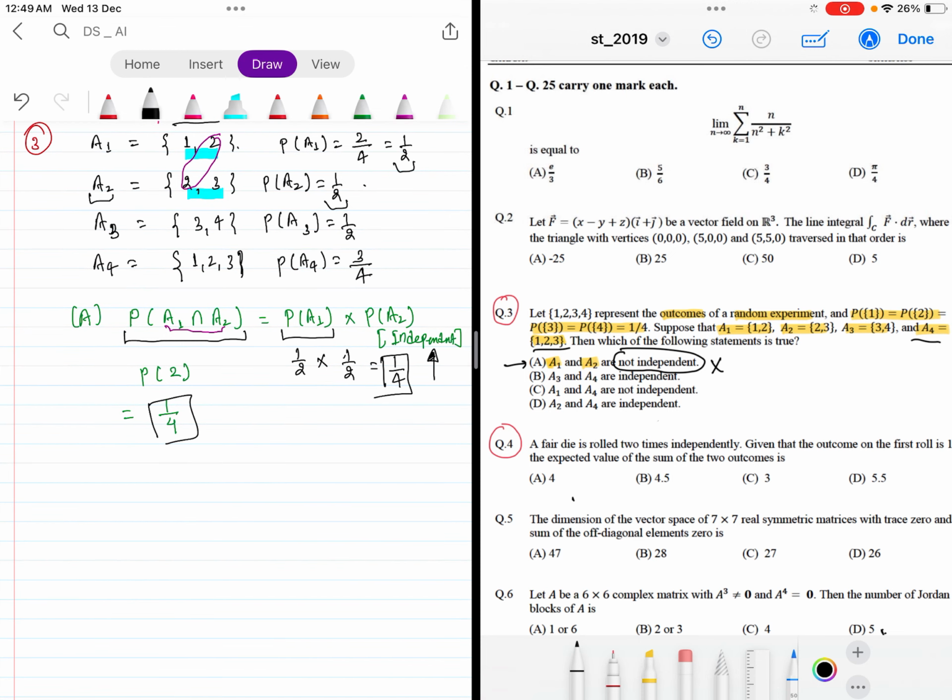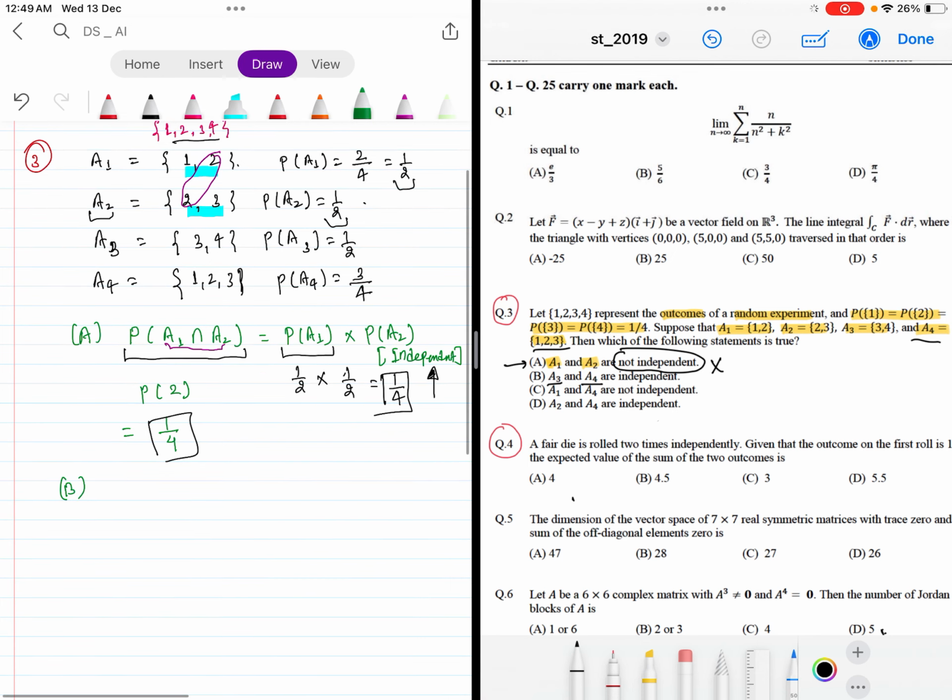Similarly, we can now check option B, where we have to check between a3 and a4. Let's check. The probability of a3 intersection a4, if these are two independent events, should be equal to the probability of a3 into the probability of a4. Let's calculate this intersection. In a3 and a4, the intersection will be 3, so it will be equal to the probability of 3, that will be 1 by 2, right?